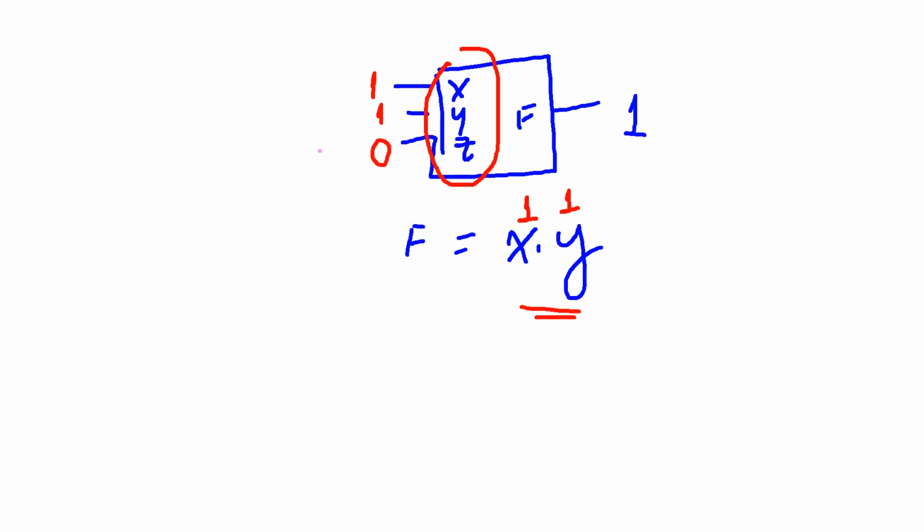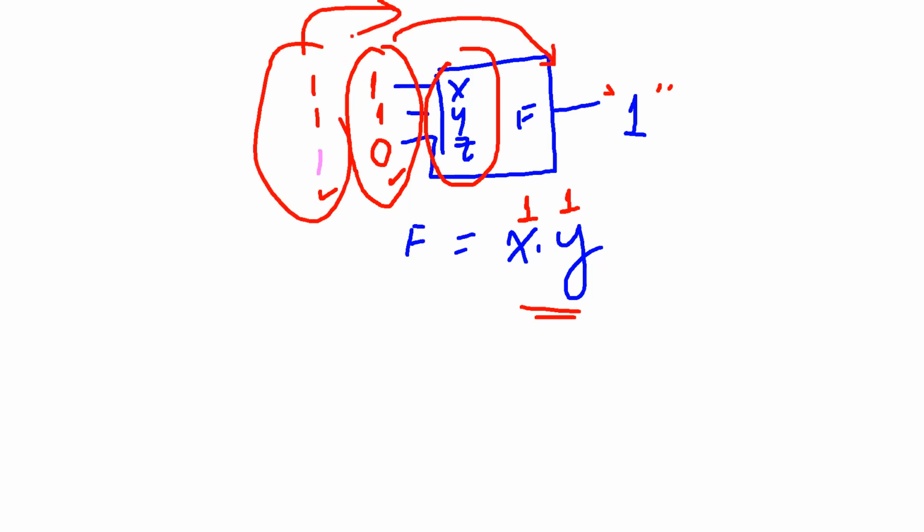or 1, right? So this term will be 1, just X is 1, Y is 1. So 1, 1, 0 or 1, 1, 1 also make the function to be 1. That means in this case, there are two cases, two combinations of input value that make the function to be 1.